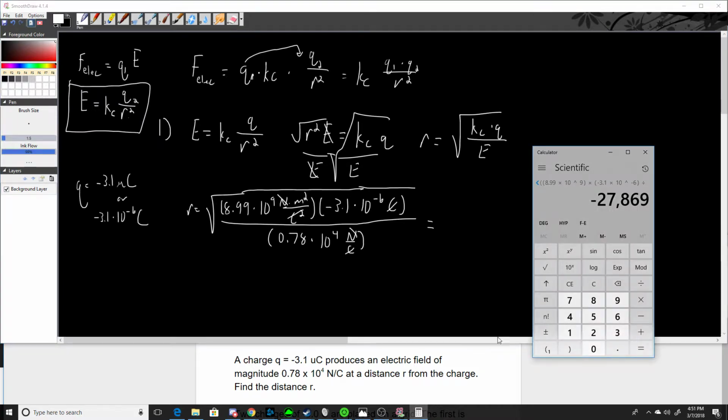That's done now. Parentheses 0.78 times 10 raised to the fourth, close parentheses, equals, but I'm pretty sure I have to take the square root of that.